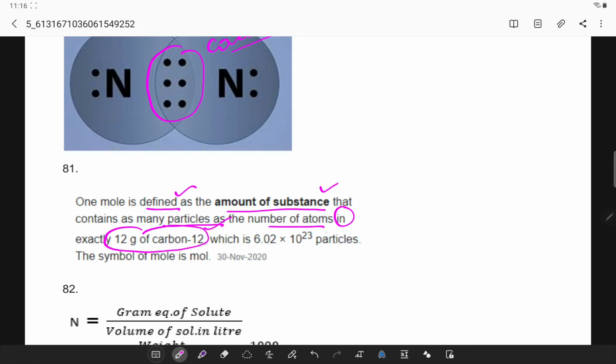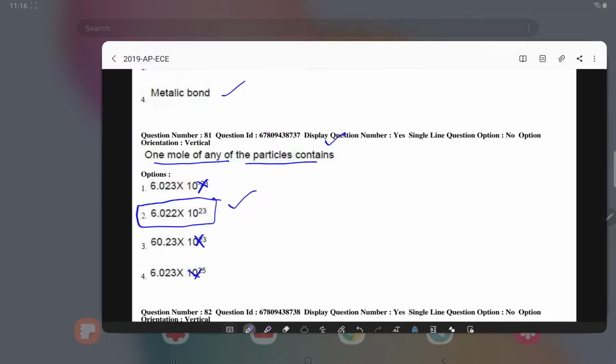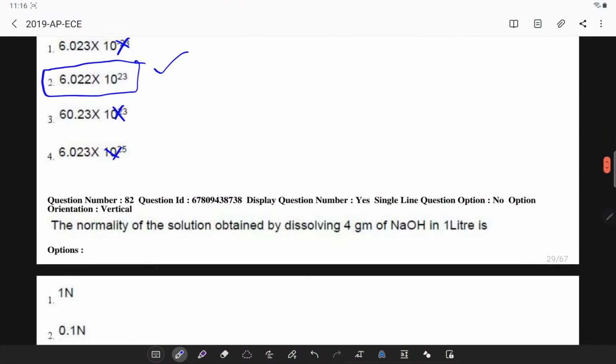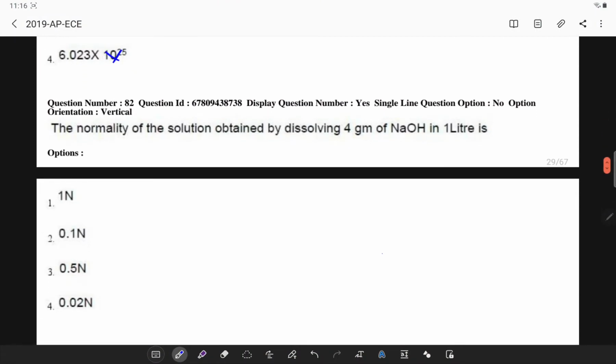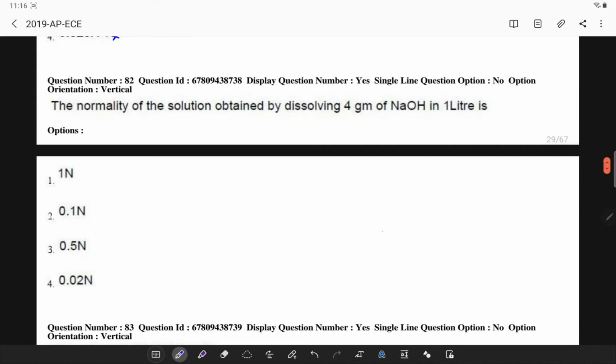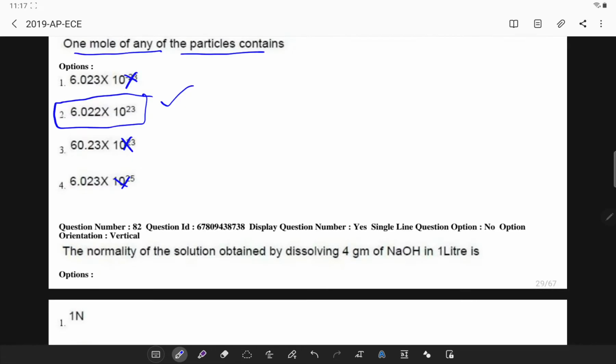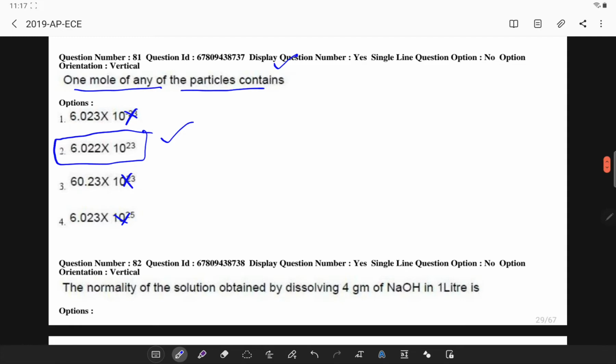This is a chance of question with these many particles. So the unit of mole is mole. Also we have to remember, this is also called Avogadro number.